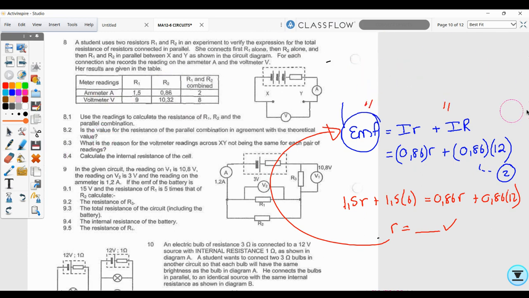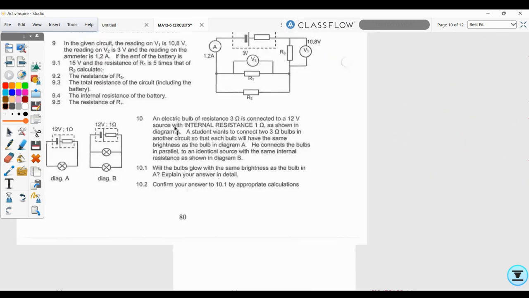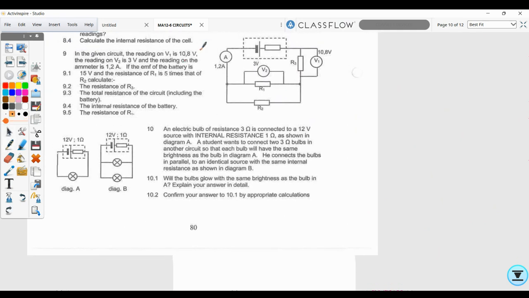Okay, number 9. So they're giving you a circuit. They tell you V1 reading is 10,8. If it's not on your circuit diagram, go and put it in there. It helps me to see everything on the diagram.